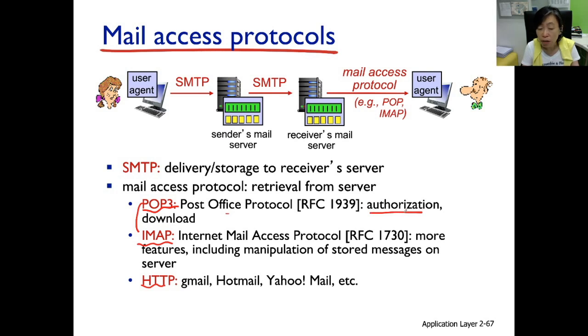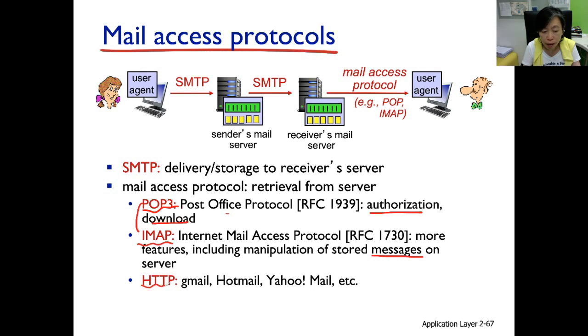First, the receiver needs to authenticate itself, authorize itself, and then begin downloading emails. IMAP, being a slightly newer version, includes a number of other features. For example, we could store the email messages in a more structured way, creating folders and putting certain emails in certain folders.